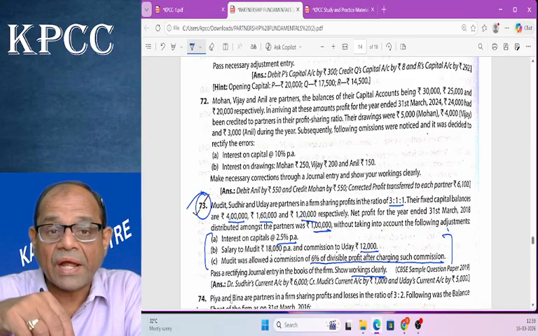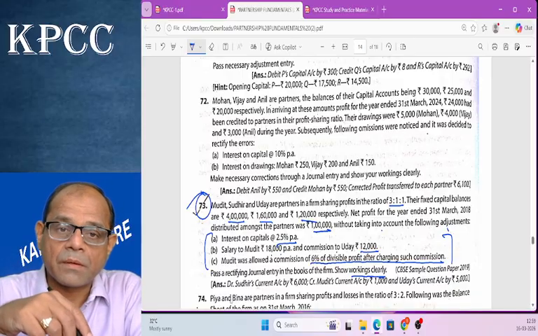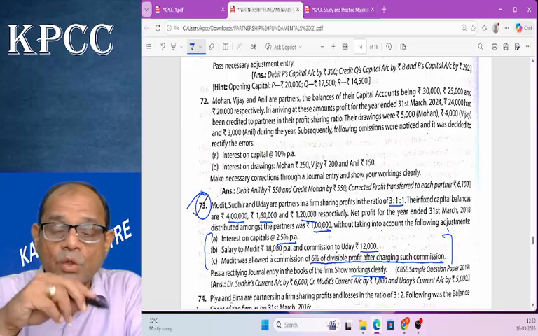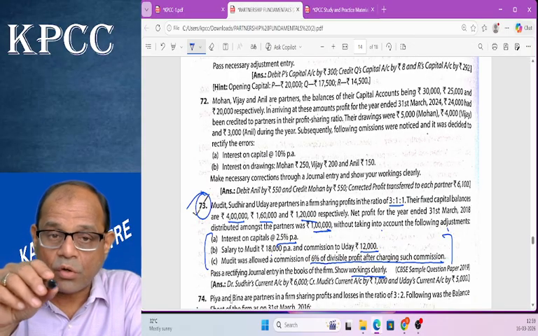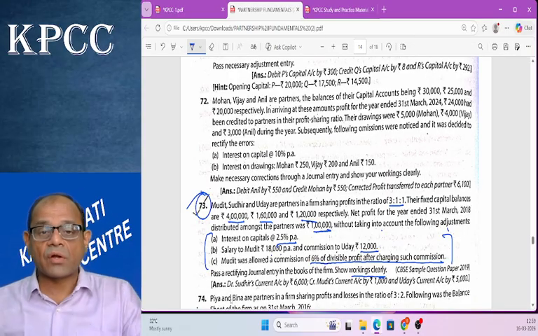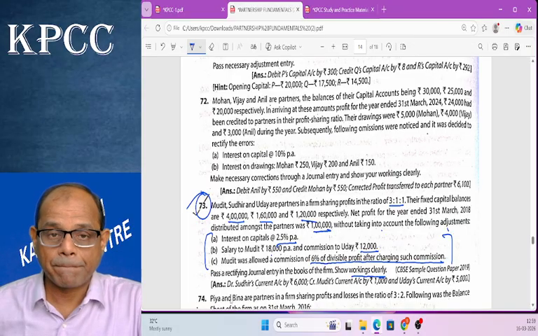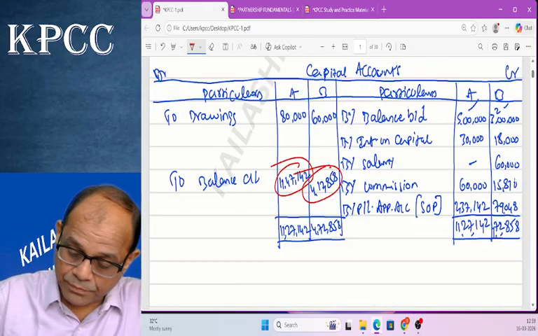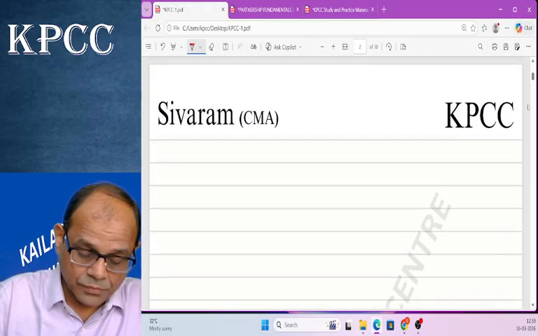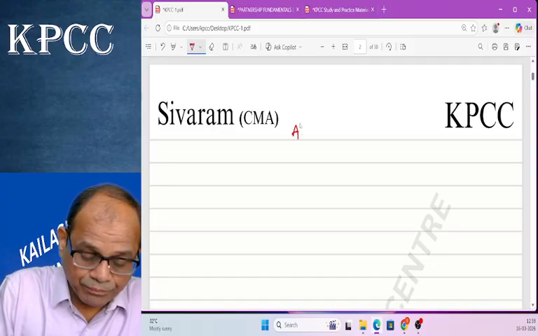That is called the adjustment table. Through that working note we can find out what rectifying entry will come. Okay, now look here. Adjustment table.